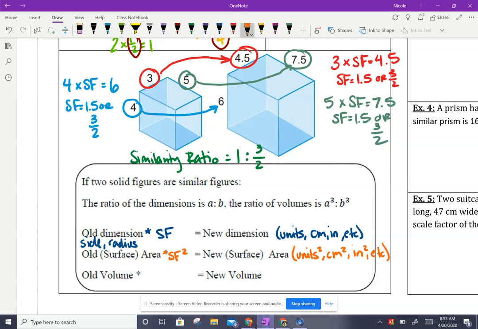Etc, there we go. And then when you take into account volume, our units we have learned are cubed. Centimeters cubed, inches cubed, etc. So if you follow this pattern, when you're doing scale factor with volume, you're multiplying by scale factor cubed. So whatever our scale factor is, we're going to have to cube it in order to find our answer. So we'll see how that goes.